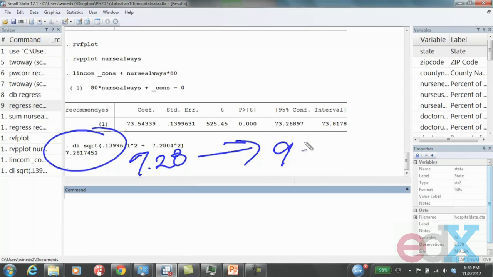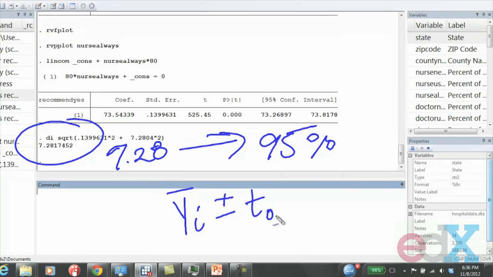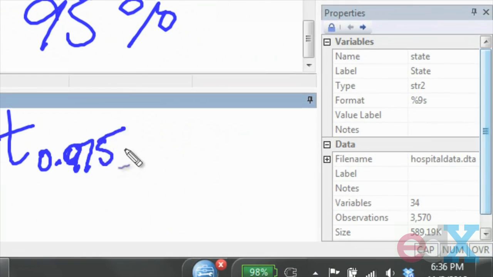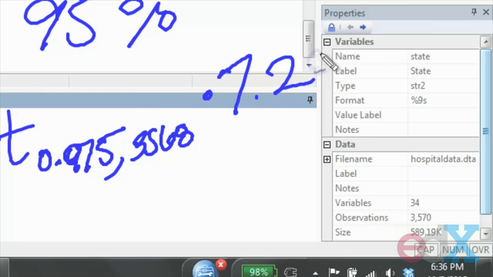So to get a 95% confidence interval, what I would need to do is take my y bar plus or minus the value of the t-distribution with 3568 degrees of freedom times the standard error, 7.28.